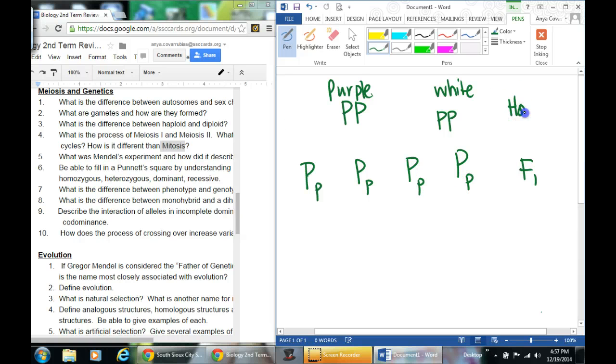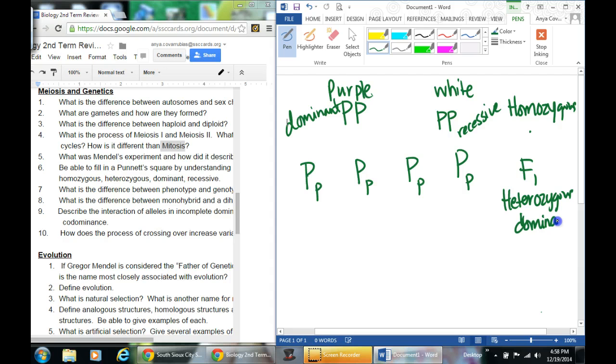These were our homozygous dominant and recessive. This one would be our dominant one, and this one was recessive. What he made in his F1 generation was heterozygous dominant. So they were all still purple because they were dominant, having this big P.